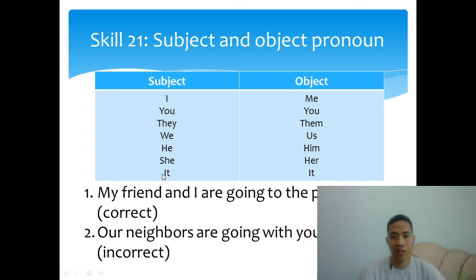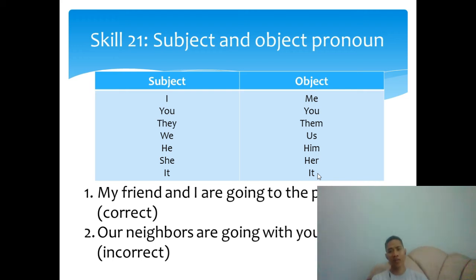We use them if their position in the sentence is as the subject. If they are the object of the sentence, we need to use I becomes me, you becomes you, they becomes them, we becomes us, he becomes him, she becomes her, it becomes it. Okay. Again, depending on the position.